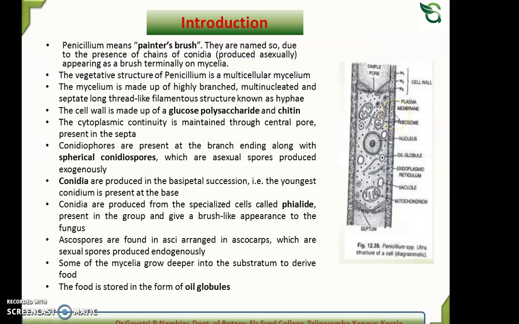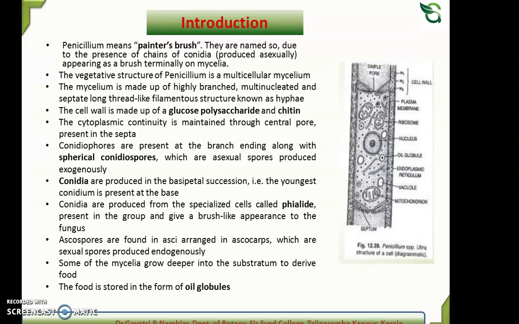Okay. And the vegetative structure of Penicillium is a multicellular mycelium, and the mycelium is made up of highly branched, multinucleated, septate, long thread-like filamentous structures known as hyphae. So normally in fungi, you know that the body is made up of hyphae which get entangled to form the mycelium.